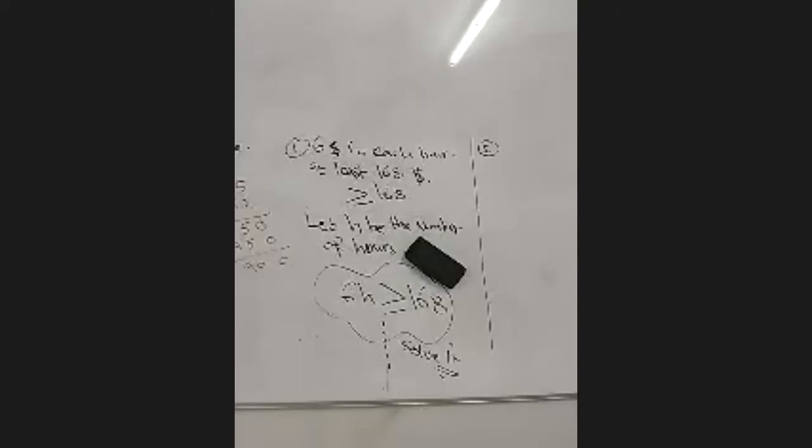So she has only $20. She can spend less than or equal to 20. Each fish costs $2.50. And we have the fish number N. Can you tell me the inequality?